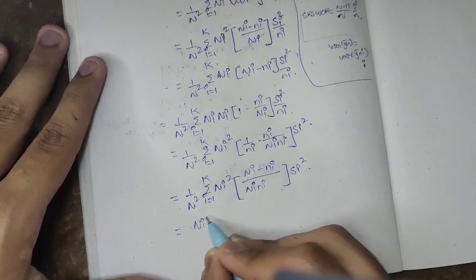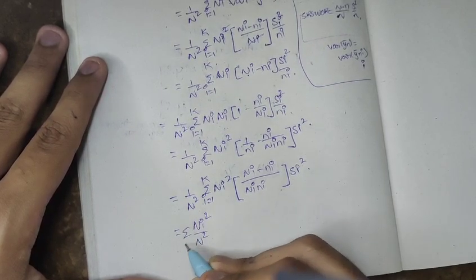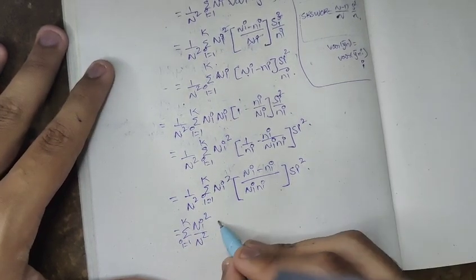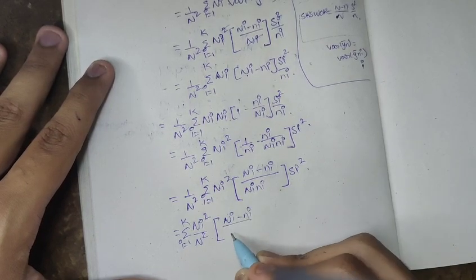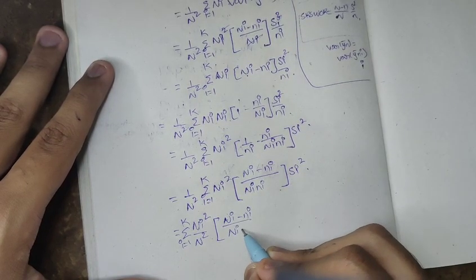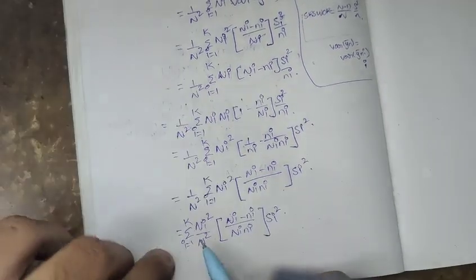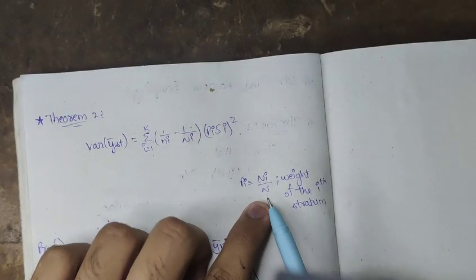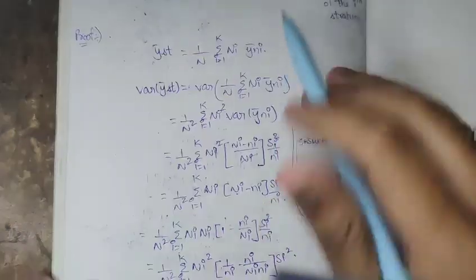So if we take this N_i² here, that is N_i²/N², and the summation from i = 1 to k also applies here, with (N_i − n_i)/N_i times S_i². We already know that N_i/N is equal to P_i, the weight of the stratum.